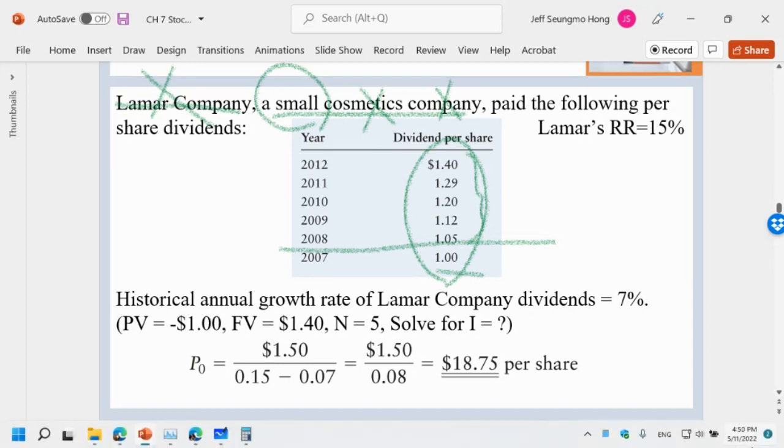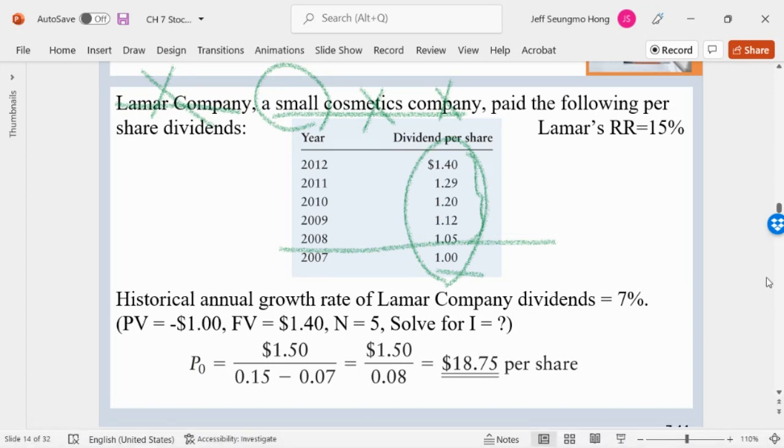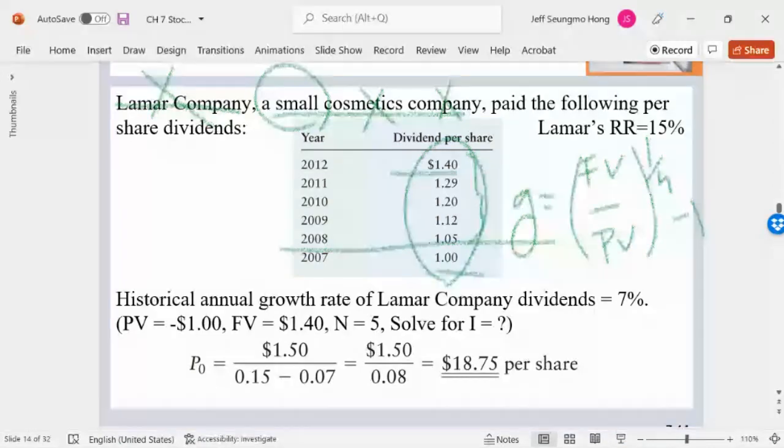The dividend growth rate is not even. So this is where you use the geometric average to find the average growth rate. You know what geometric average is. So through this, you find the growth rate will be like this.